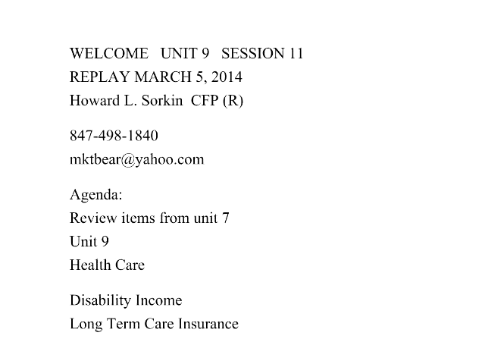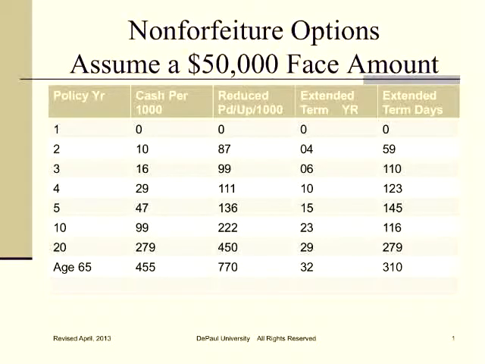Starting with slide number, I think it's 53 in Unit 7, talks about non-forfeiture values. Non-forfeiture values, ladies and gentlemen, deals with primarily whole life insurance where there's guarantees and limited payment life insurance.